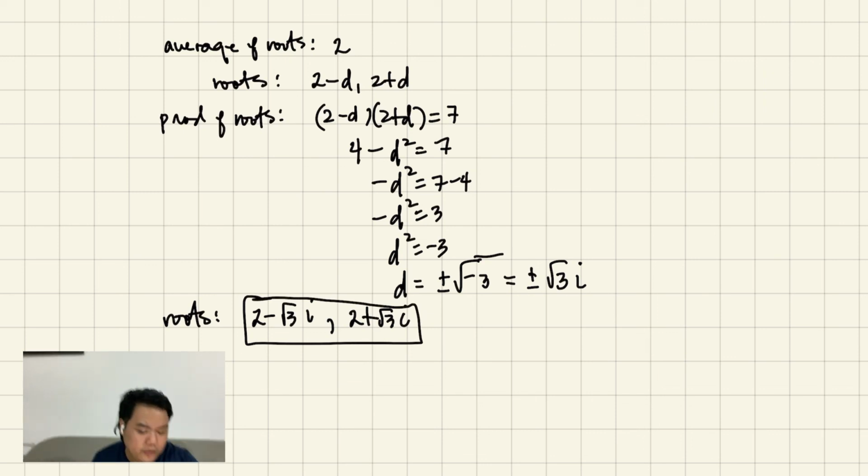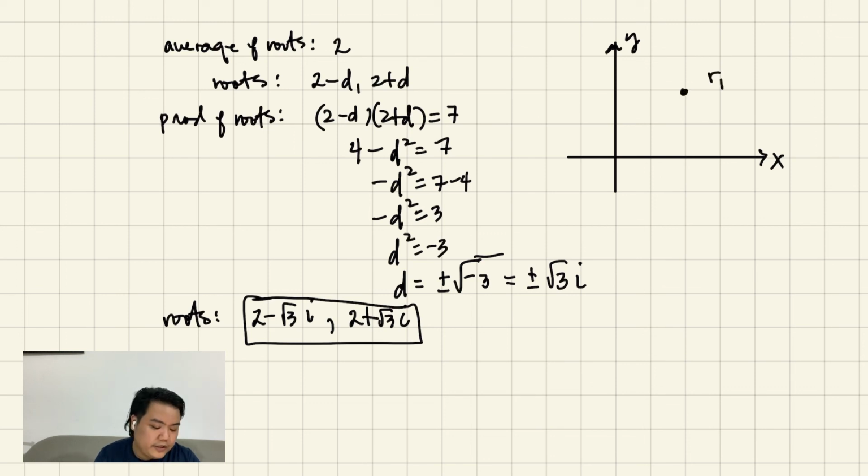Okay, so parang pwede mong isipin na kapag ang roots mo are non-real, yung roots mo are nasa complex plane, right? Pero dahil real ang coefficients ng quadratic equation mo, yung roots, they come in complex pairs. So if this is R1, mirror reflection lang yung isa about the x-axis.